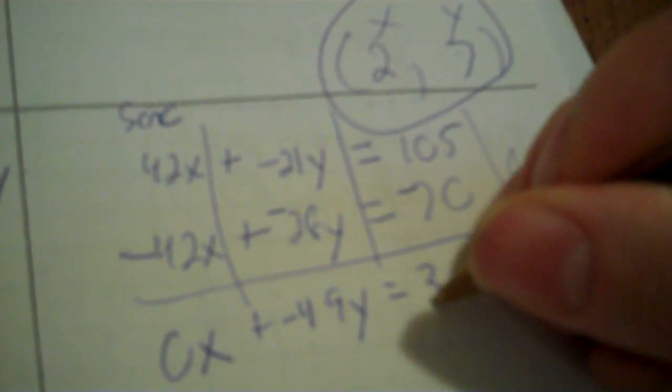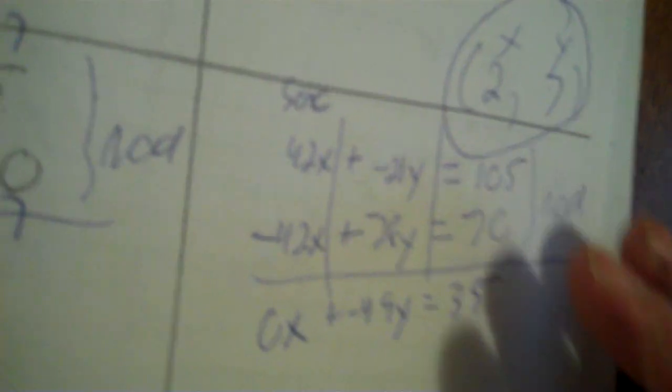So at that point, we will be taking negative 21 plus negative 28. It's going to be negative 49y. 105 plus negative 70 is going to give me 35. Okay, these go away.